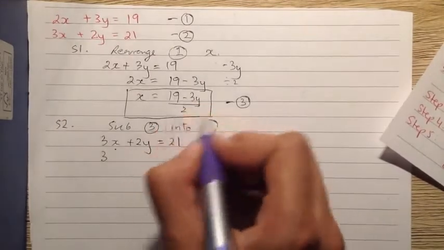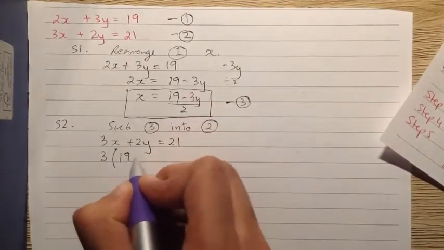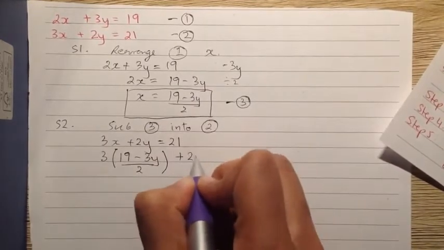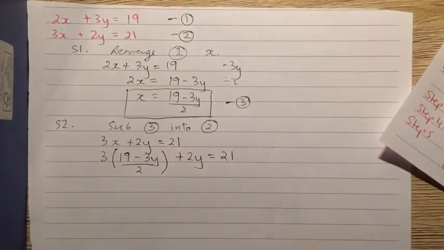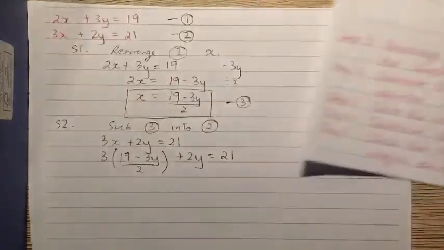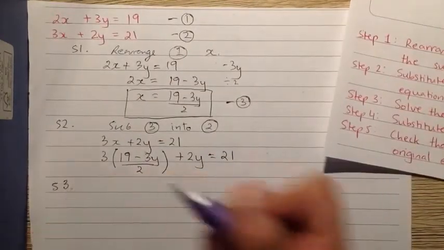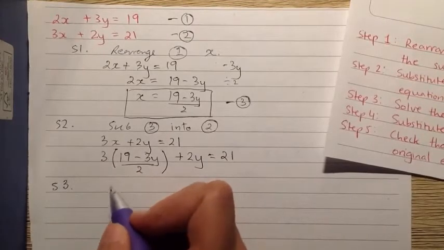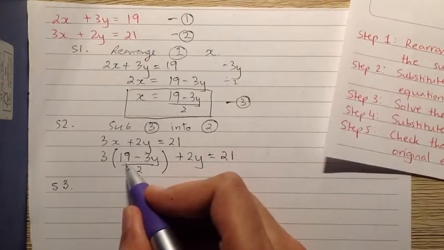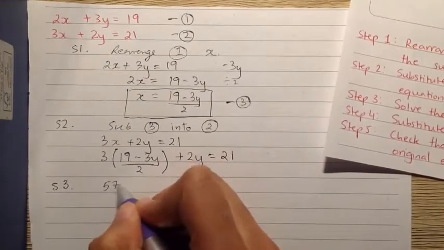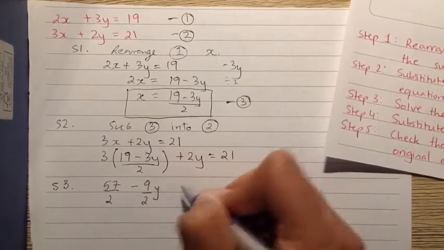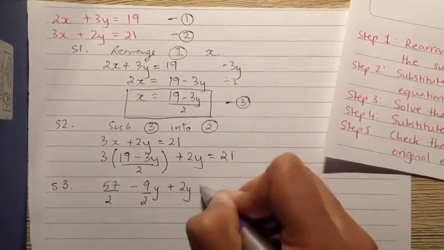So 3x plus 2y equals 21. 3x becomes 3 times 19 minus 3y divided by 2, plus 2y gives us 21. And now we will do step 3, which is solve the new equation. 3 times 19, which is 57, on 2 minus 9 on 2y plus 2y equals 21.